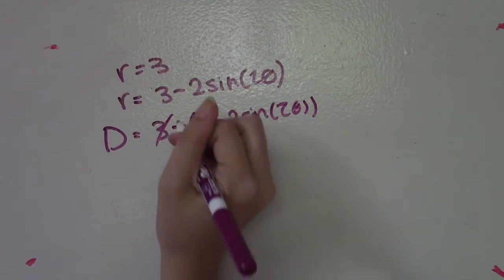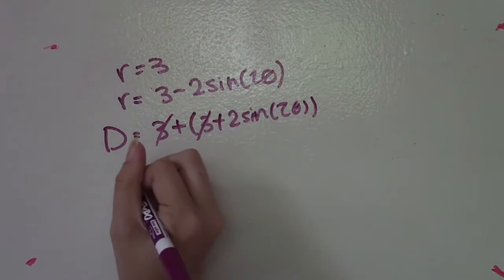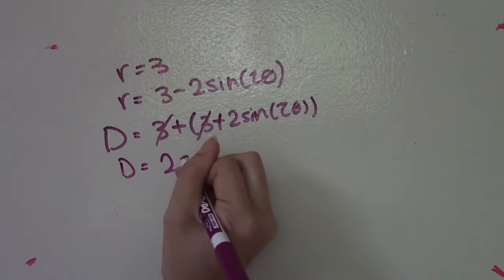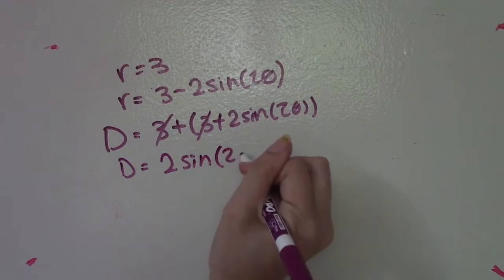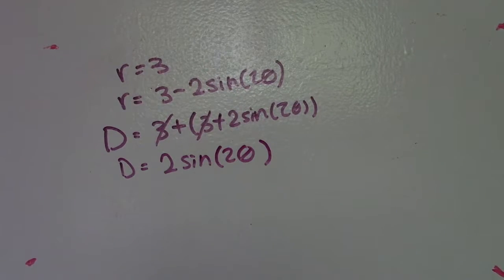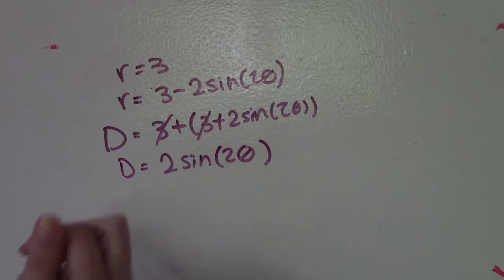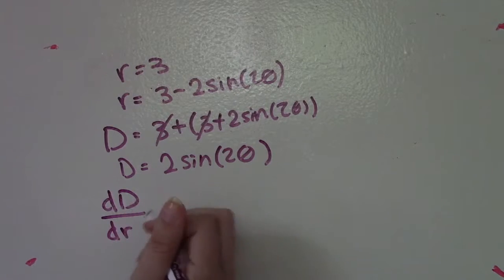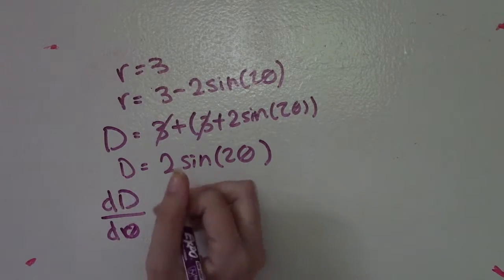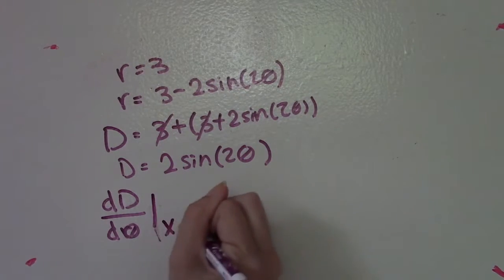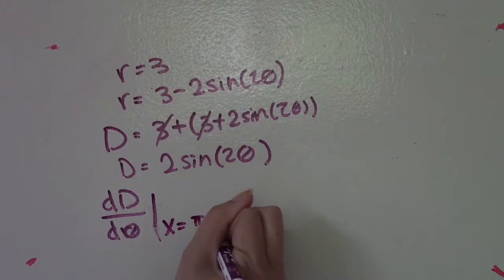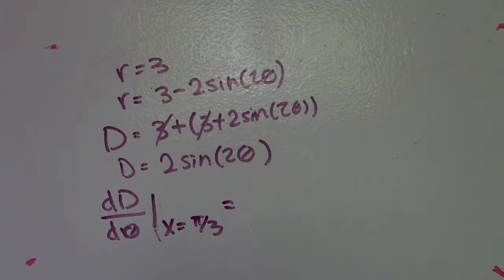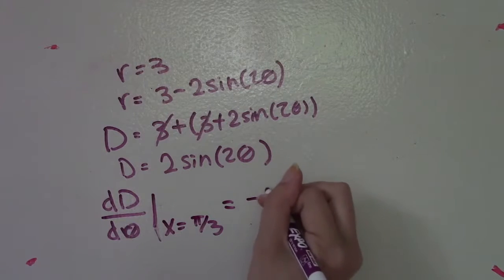The 3's will cancel out, and we will end up with positive 2 sine 2 theta. This is another one that we can just plug into our calculator again to get the derivative of the distance with respect to theta, and evaluate it at pi over 3, and it'll give us the answer -2.